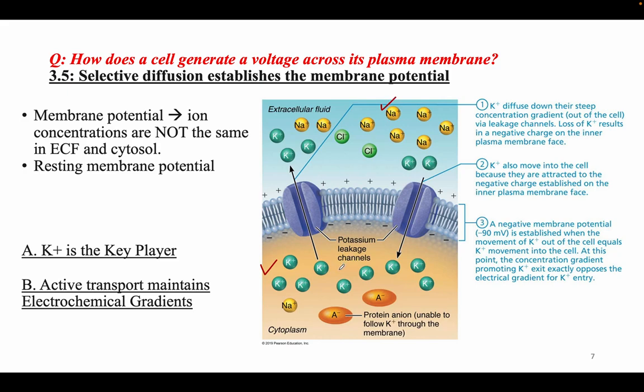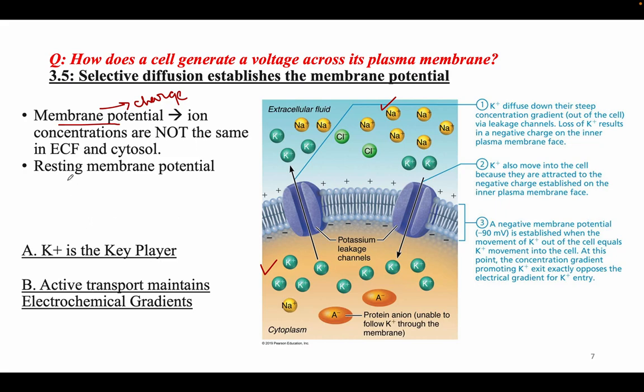This definitely creates a charge difference across the cell membrane, and that is called the membrane potential. Because these ions have their own charge, moving them around creates a charge difference on the cell. That is called the membrane potential.